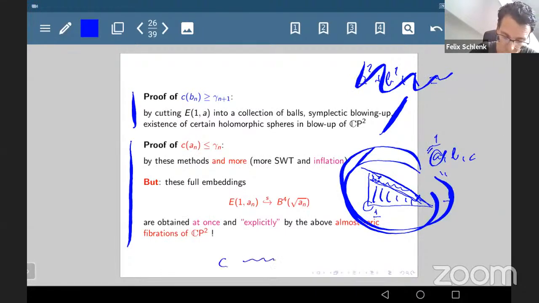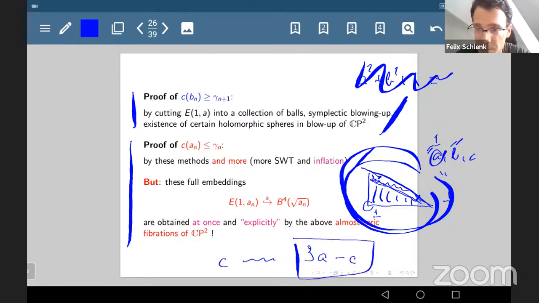C goes to 3ab minus c, because b was 1. Okay, I take b equal to 1.